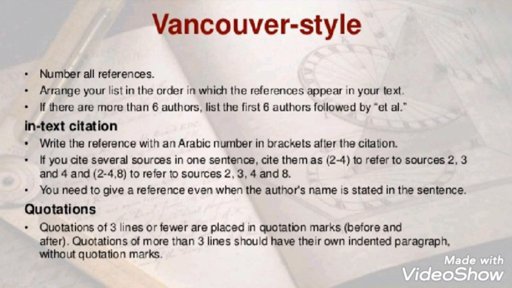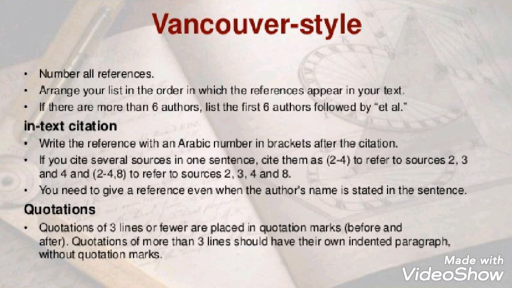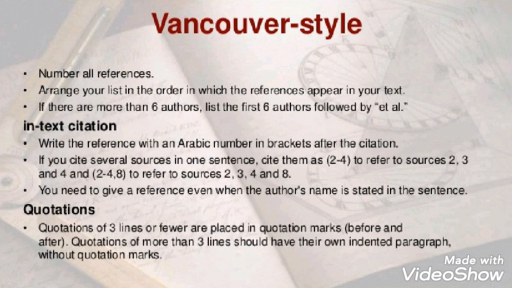So we'll see here, number all references. It is very necessary that you should include at least 10 to 12 references in your bibliography. In that bibliography, you should mention each with numbers. That is, if you are using 12 references, you should mention 1, 2 and so on. Then arrange your list in the order in which the references appear in your text.